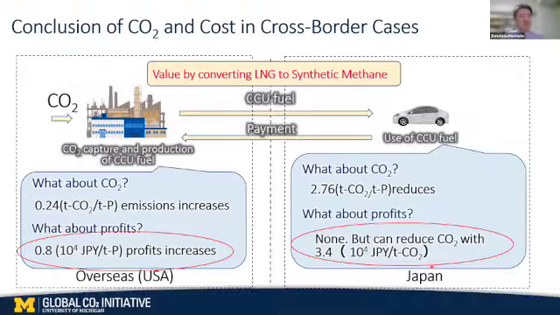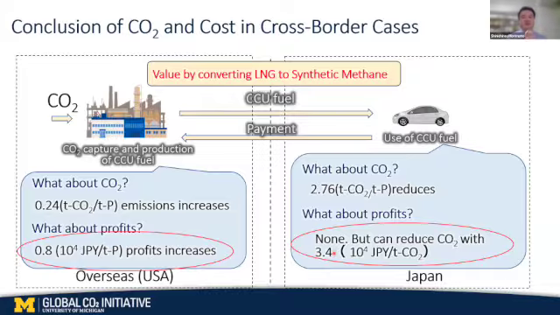What I want to say as a conclusion is that for the US side, there will be no CO2 emission reduction, but there is a profit from converting from energy to CCU product. And for Japan, there is a CO2 reduction, but there will be no profit. However, we can reduce CO2 with this amount.